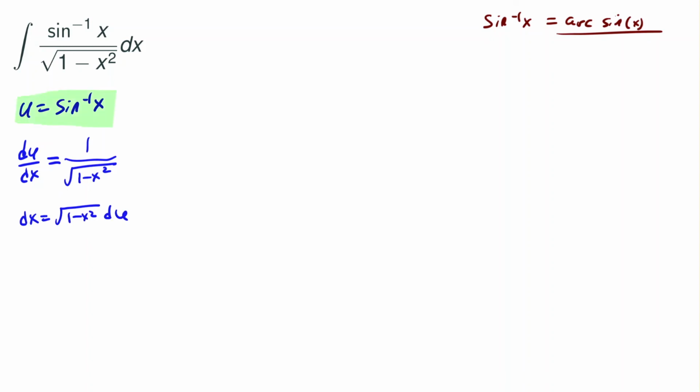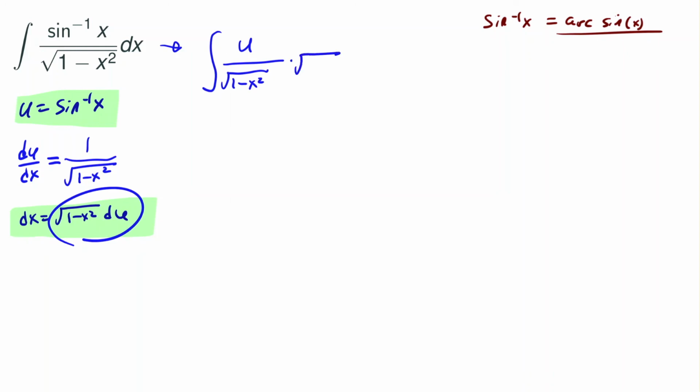So using these two, we can substitute so we can write in terms of u. So this becomes u over this one for now, and dx is this right here, square root of 1 minus x squared du. So these two will cancel out. So what we have left is u du.